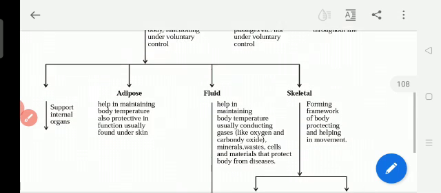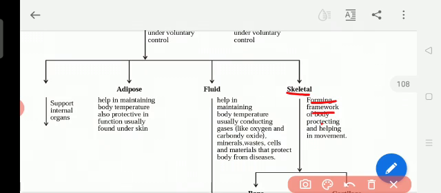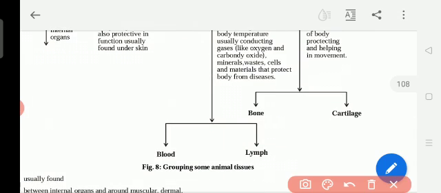And the next one we see is skeletal. Skeletal means bones, forming the framework of the body. In our whole body, what is supporting our body, what lets us stand? Everything is because of the bones, skeletal, protecting and helping in movements. In this we have two things, bones and cartilage.